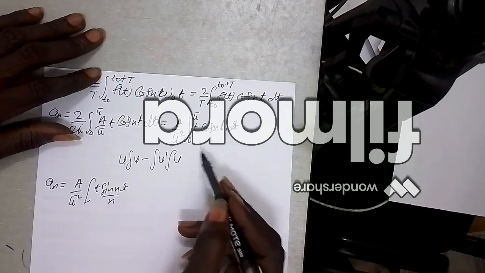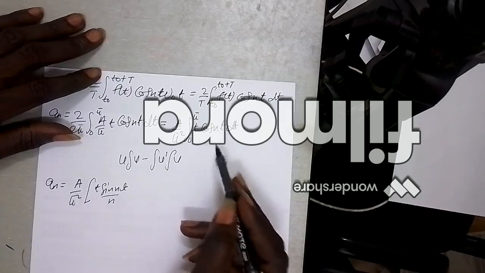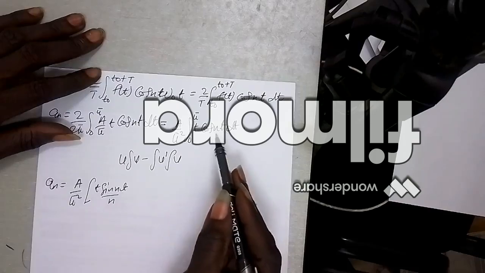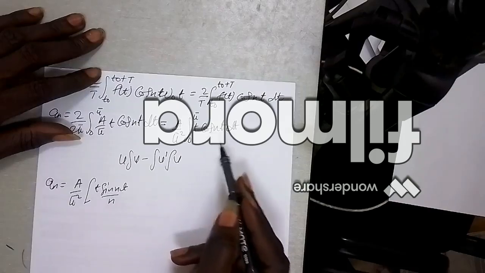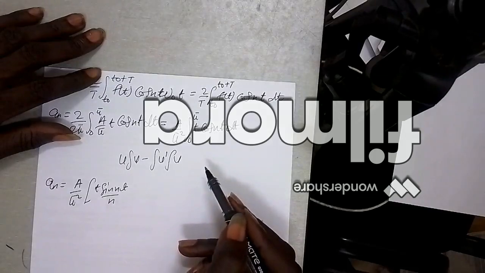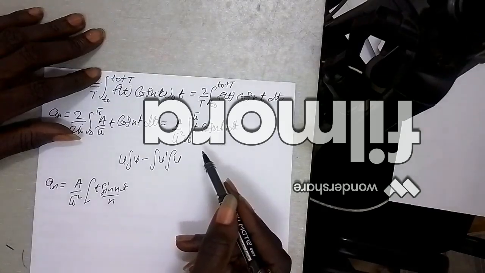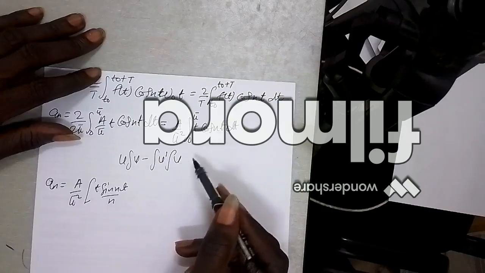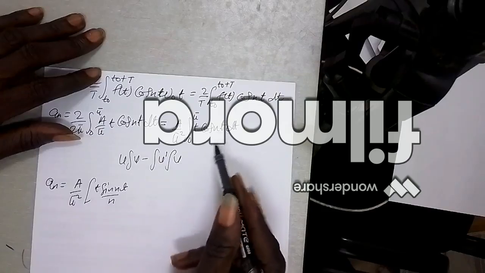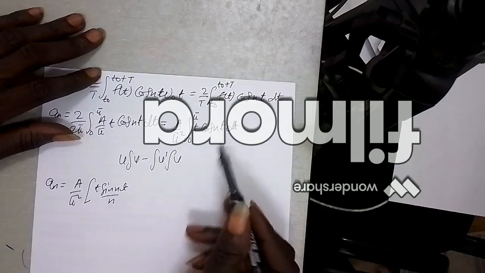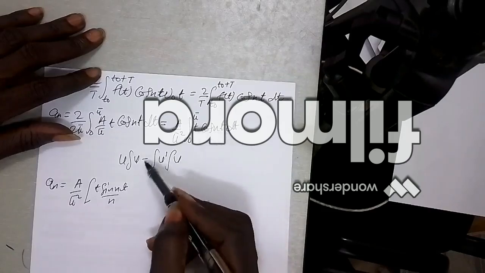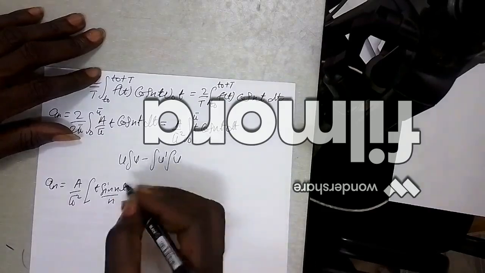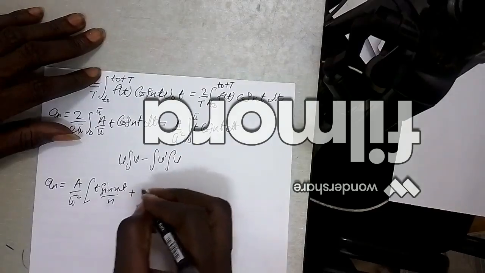Then we will integrate sine nt over n, and we will get cos nt over n, but it will be minus sine nt over n, so the minus now becomes positive. So I'll have positive cos.